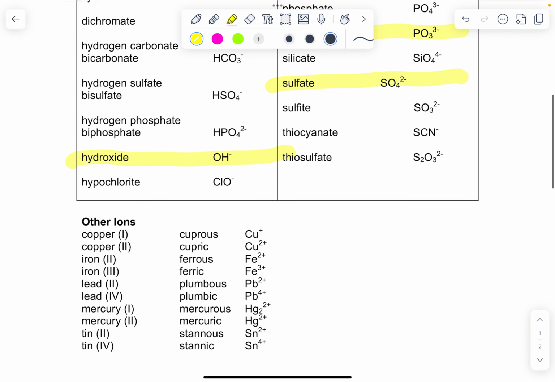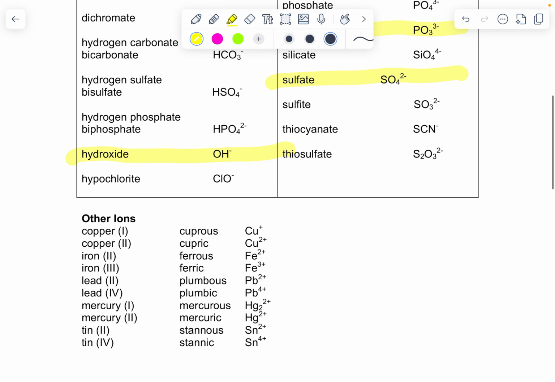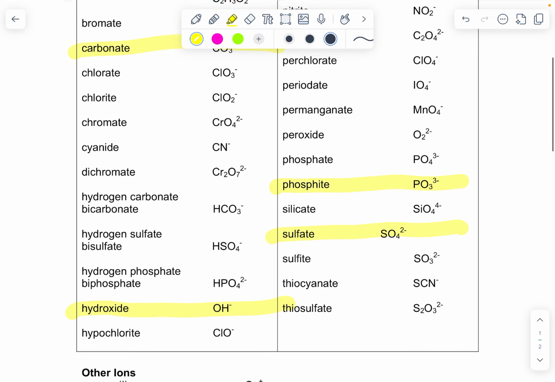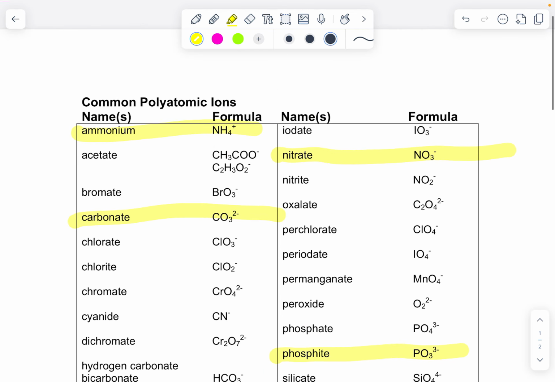Now down here, they have the transition element charges. Like I said, you can't look them up, so copper. But you notice some of them form several different types of ions, so it's really best to get that information from context.